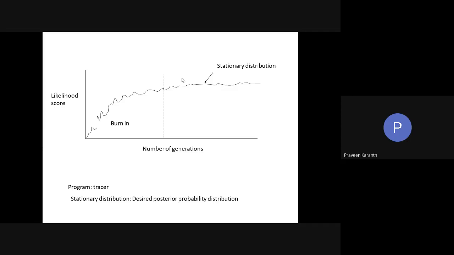Now we don't want the early part of all the trees that we have sampled earlier, when the likelihood score was going up, because it has not reached that stationary phase, right? So we have to discard those trees, and that's what is called burn-in. Now you have to look at your data and decide how many of your trees you want to discard. Chaitanya has decided 20%.